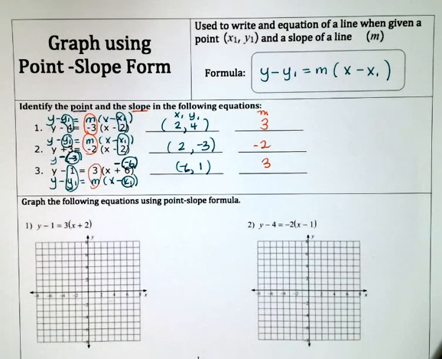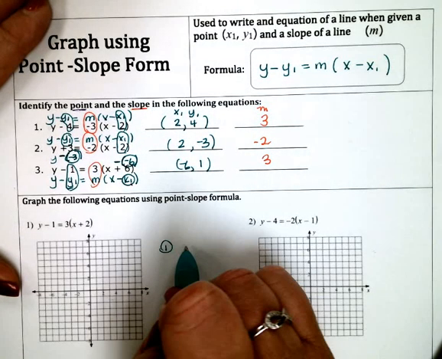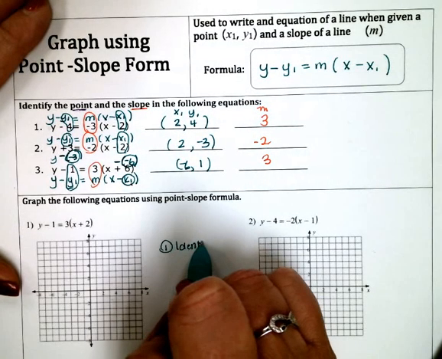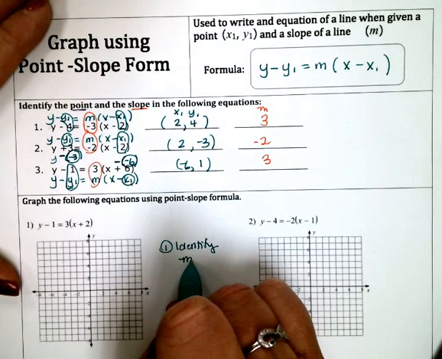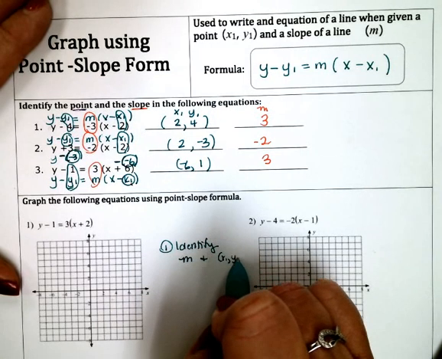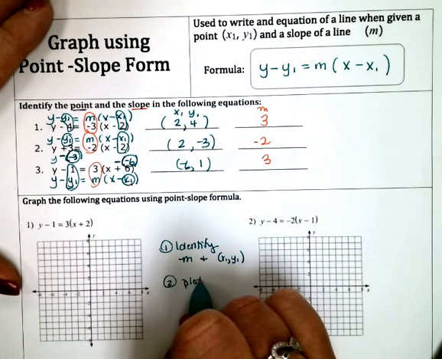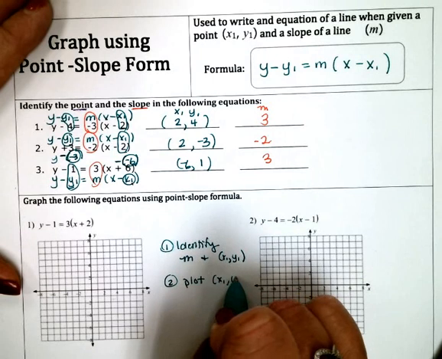So what is the important part about identifying these? To be able to graph these, I have to be able to identify these. Because to graph these, it's 3 simple steps. Step 1, I just need to identify my slope and my ordered pair. Step 2, I'm going to plot my ordered pair.